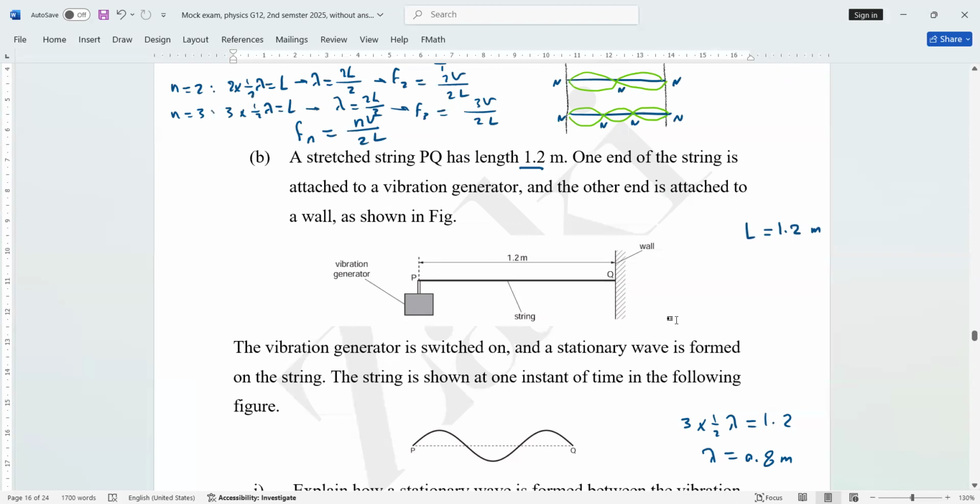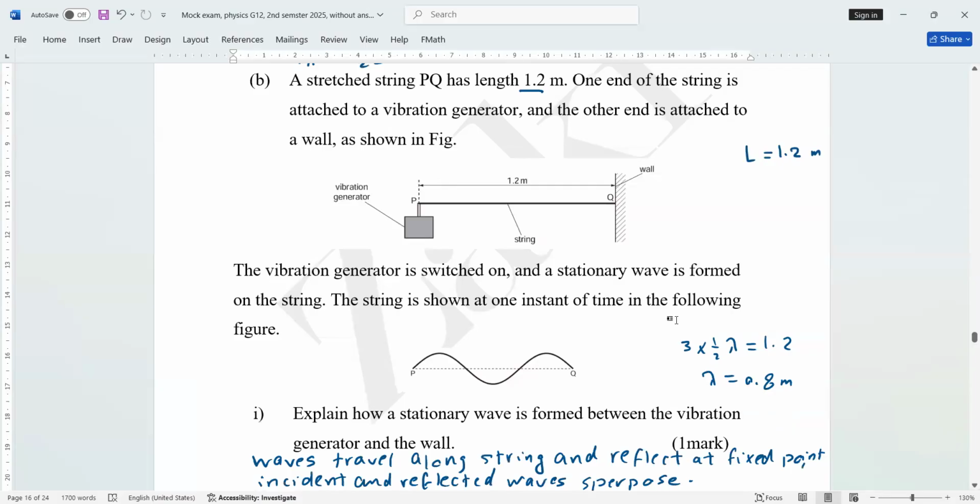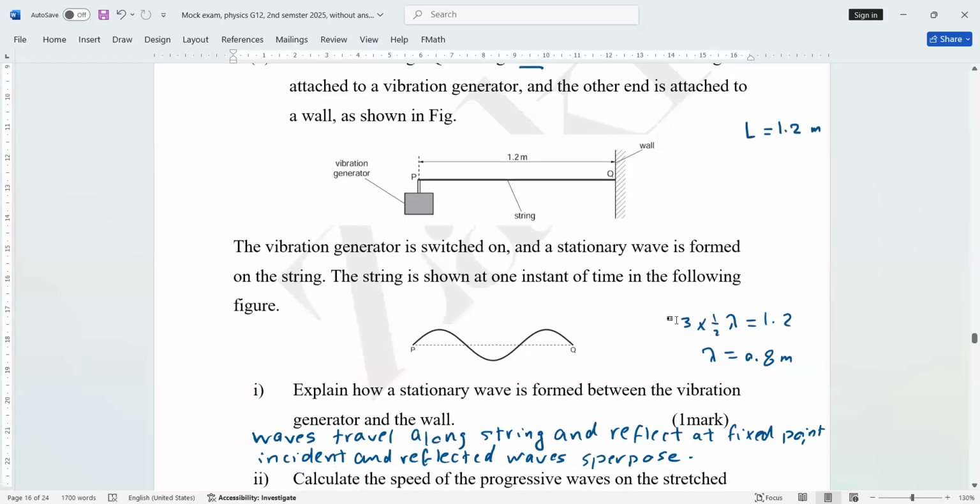Okay, now what about here? Calculate the speed of the wave on the stretched string. Let me check what the givens are here. The vibration generator is switched on and the stationary wave is formed. The string is shown at an instant in time.